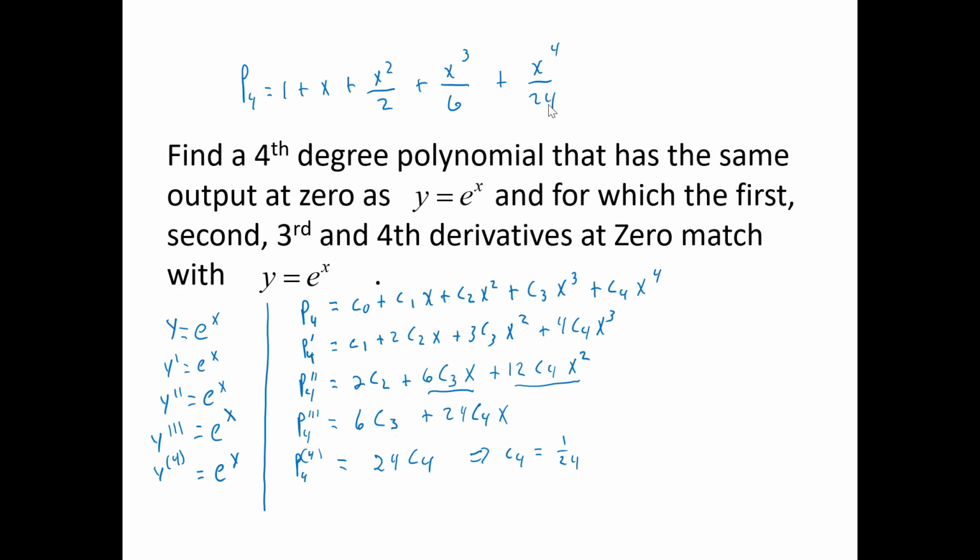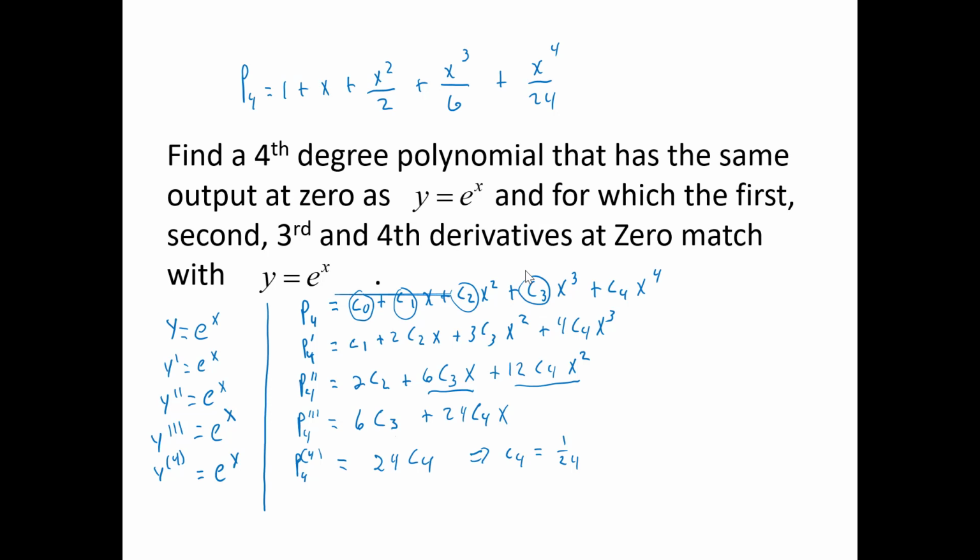Now we're going to want to do this for more than just e to the x. We're going to want to do this for some of the functions that we've come across. And so we're not going to want to do this same process that I've been doing over and over. We want to find some relationship, a formula for how to find these coefficients C0, C1, C2, C3.